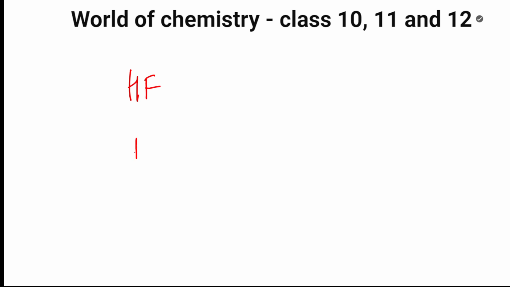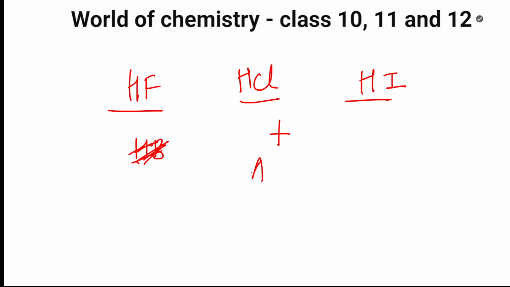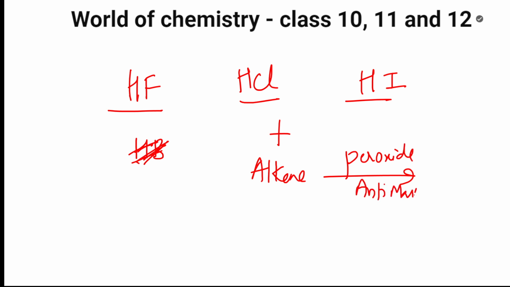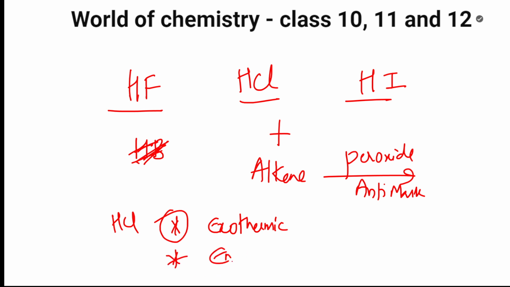Take HF, HCl, HI. The problem is that whenever we add them to an alkene with peroxide, that is anti-Markovnikov addition, then in the case of HCl the initiation step and the first propagation step are exothermic, and slowly in step 2 the reaction becomes endothermic.